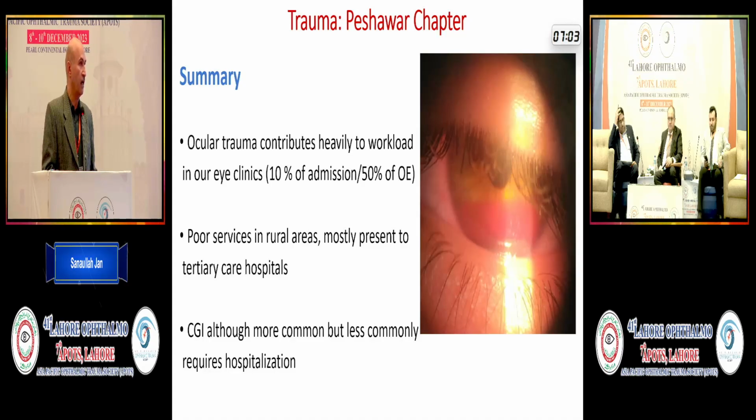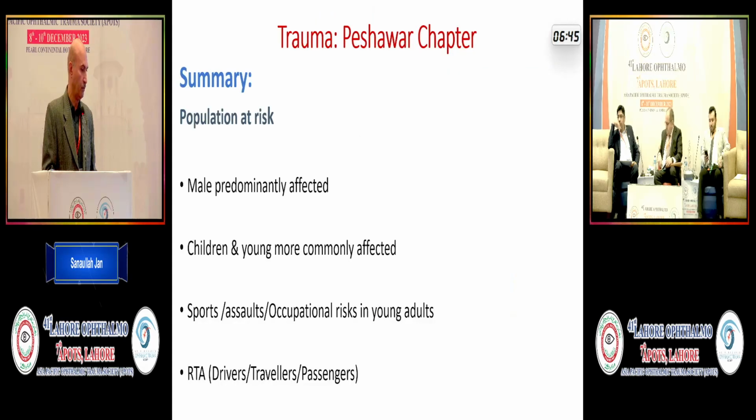They are due to poor services in rural areas, most of them presented to tertiary care hospitals. Closed globe injury, although more common than open globe, was less commonly hospitalized because not all of them needed admission. Males were predominantly affected.